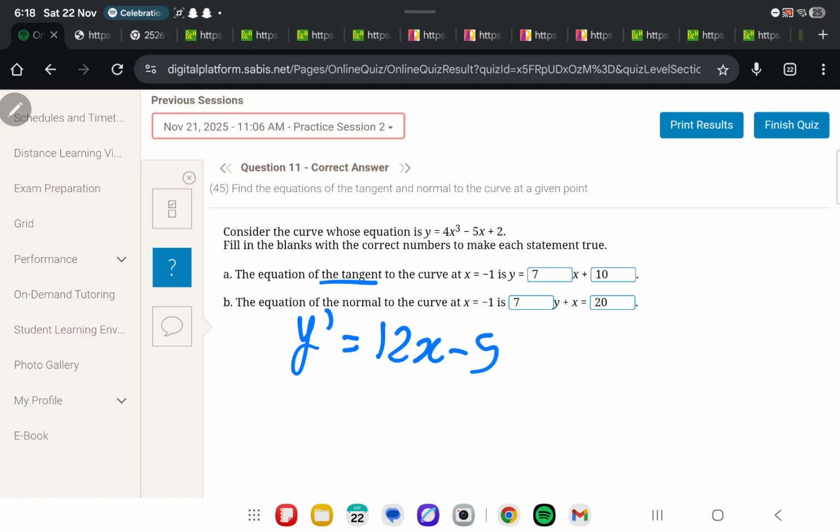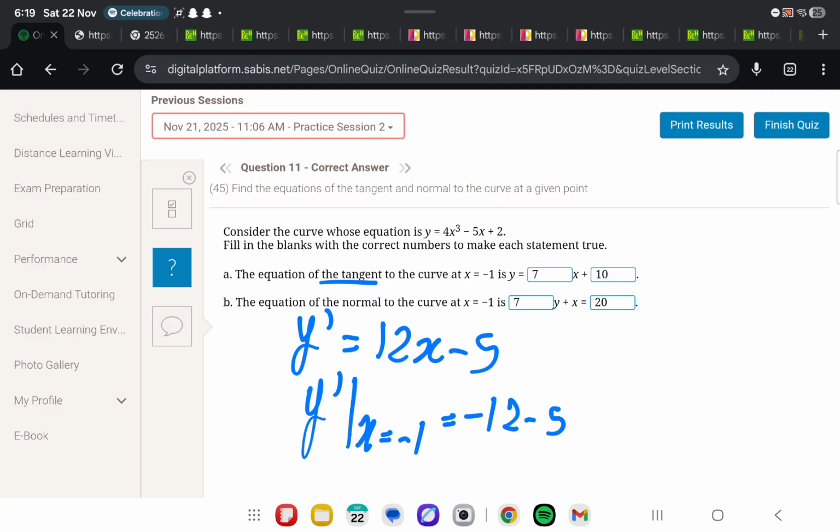So substitute x equals -1. Wait, no. Am I doing something wrong? One sec. So the derivative of this, what will it give me?